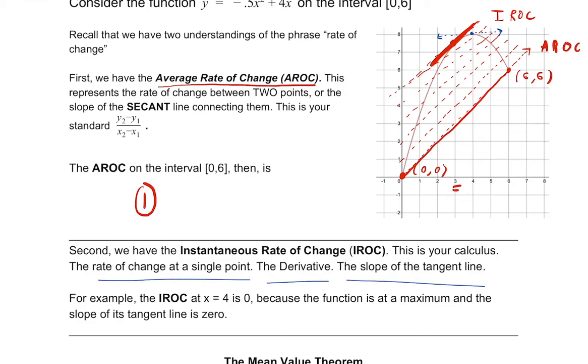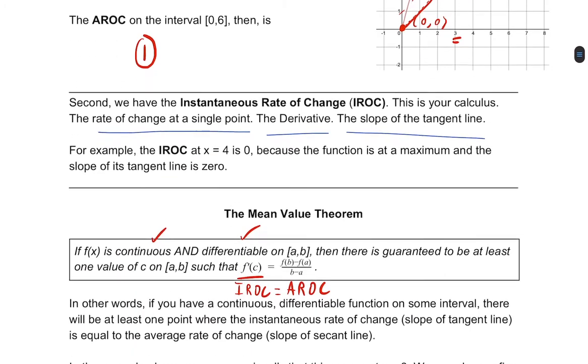If I know your average speed is 120 miles an hour, that means that at least one instant in time, you must have been going exactly 120 miles an hour. Maybe you went 120 the whole way. Maybe you went 100 and then you sped up to 140 to reach an average of 120, but there must have been at least one time where your speed was 120, where your instantaneous rate of change is equal to your average rate of change. That's the mean value theorem.